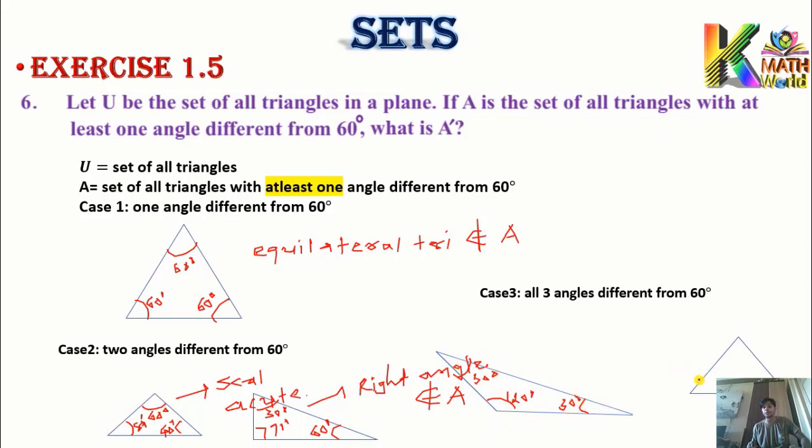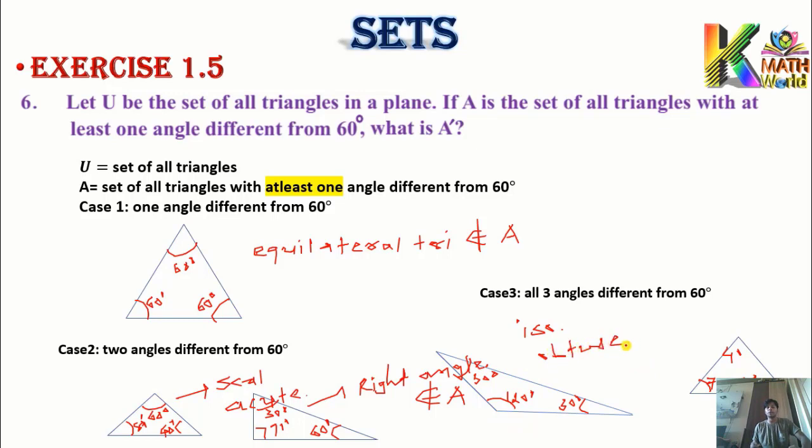You can consider it like this also: 70, 70, 140, and 140 plus 40, so it will be 180. In this case all three angles are different from 60. This type of triangle is an isosceles triangle or an obtuse angle triangle.